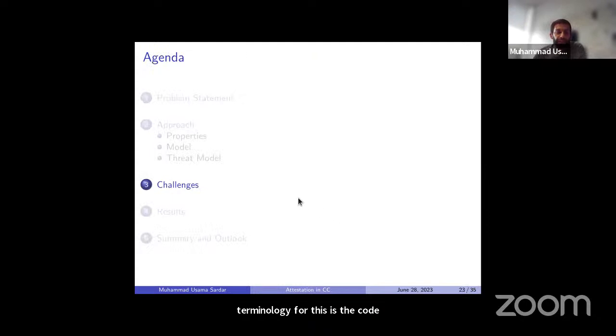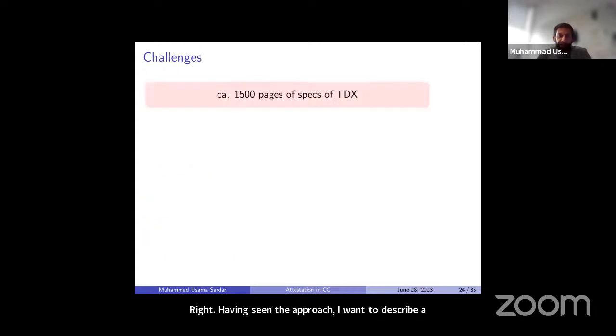Right. Having seen the approach, I want to describe a few challenges before going to the results. For TDX, which is the one that I'm currently using, it had like 1,500 pages of specs, and this doesn't mean that I read each and every page.